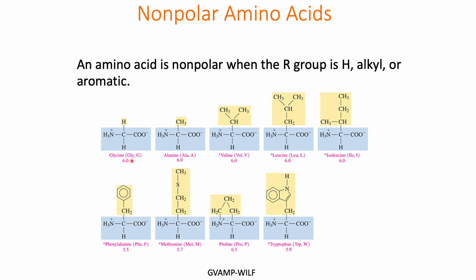So for example, glycine: the 3 letter code is GLY and the 1 letter code is G. So similarly for all the amino acids we have these 1 letter and 3 letter codes. So you could just easily remember the non-polar amino acids by this acronym GVAMP WILF. So yeah, this is just for you to remember it. It's nothing technical.